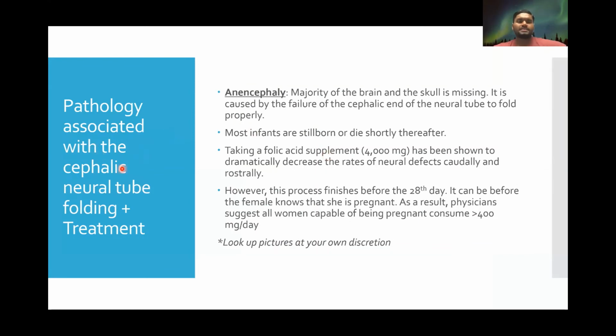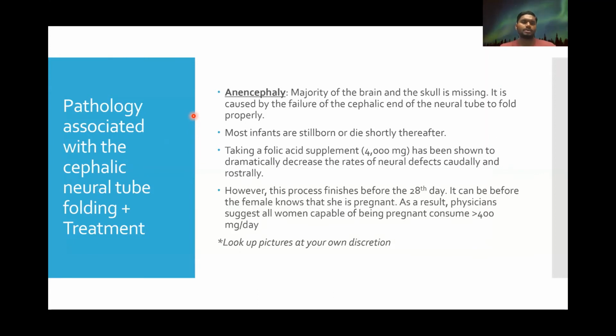Cool, so now we've talked about the pathology associated with the caudal end of the neural tube. Let's talk about the cephalic end, as well as the treatment for pathologies associated with neurulation. There's really one main thing associated with pathologies of the cephalic neural tube folding, and that's going to be anencephaly. Now, of course, there are many other pathologies, but this is the one we're going to focus on.